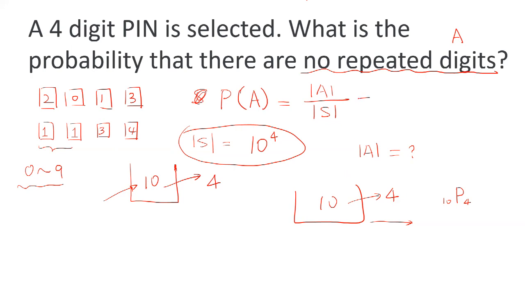Okay, so now what is the probability of this event? The probability of this event is the number of sample points in this event, which is P(10,4), over the number of sample points in the sample space, which is 10 to the 4th power. So this is 5040 over 10,000, which is 0.504, right?